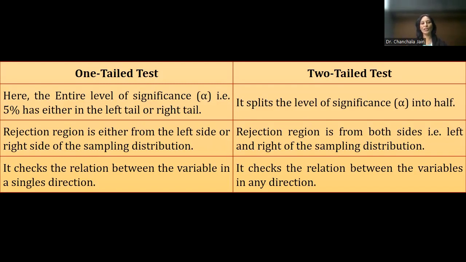A one-tailed test checks the relation between the variables in a single direction, but a two-tailed test checks the relation in either direction. So these are the differences between one-tailed and two-tailed tests.